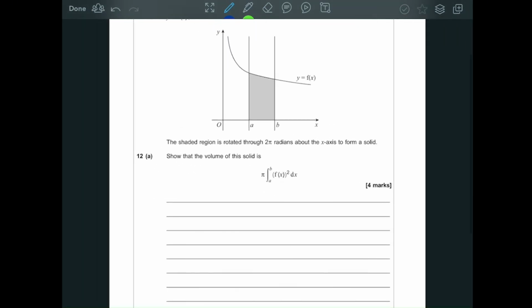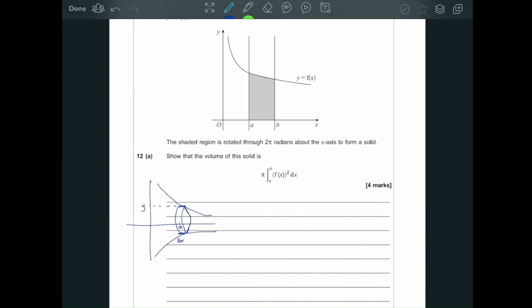And if you recall from notes, the way this is done is by considering little cylinders around the x-axis of width delta x, centered at x, with a height there which will be the radius of y.